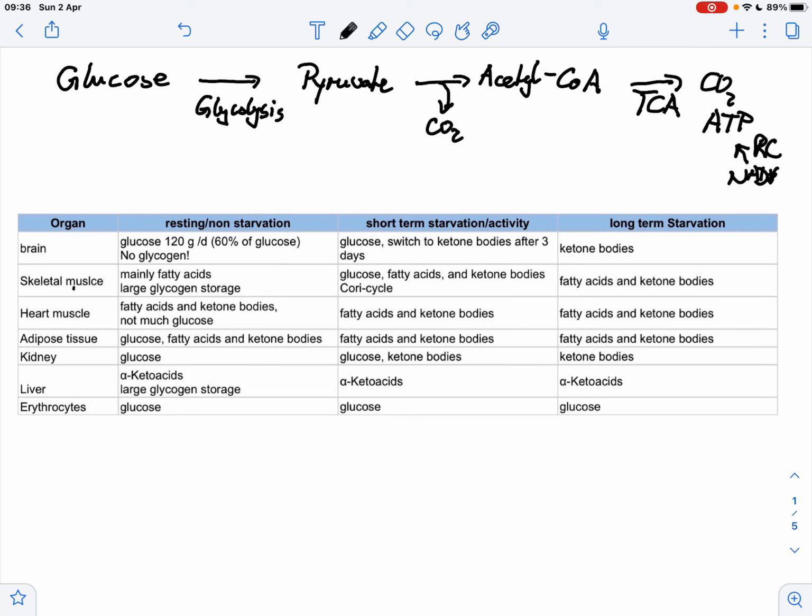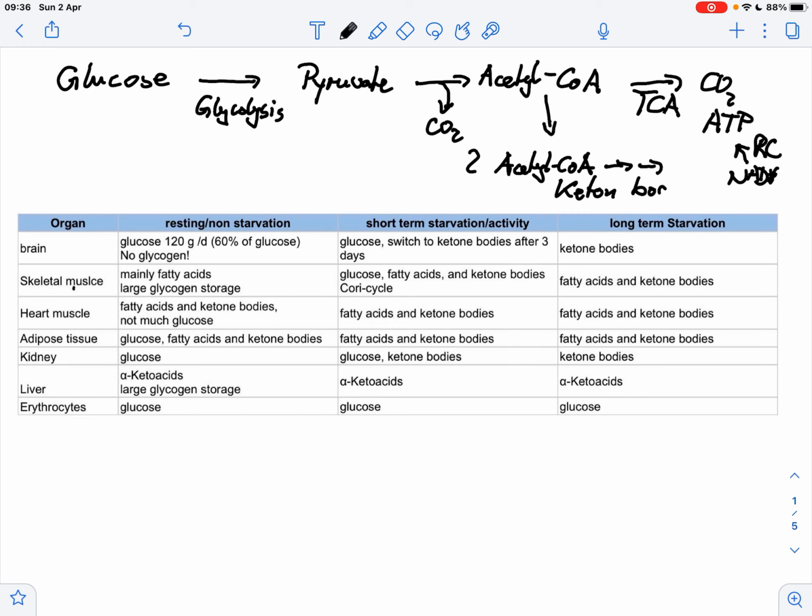We also discussed that the acetyl-CoA can actually be used to produce ketone bodies. So we might have 2 acetyl-CoA and we dimerize that, or we do a condensation reaction, and in a series of reactions we end up with ketone bodies.